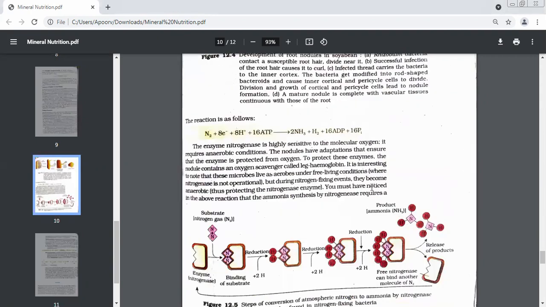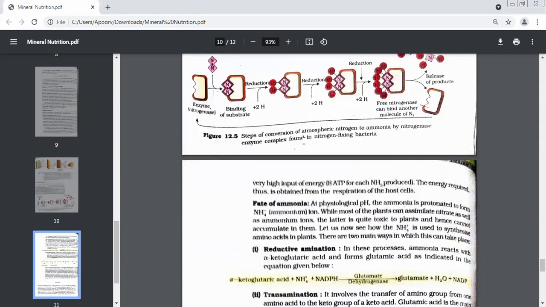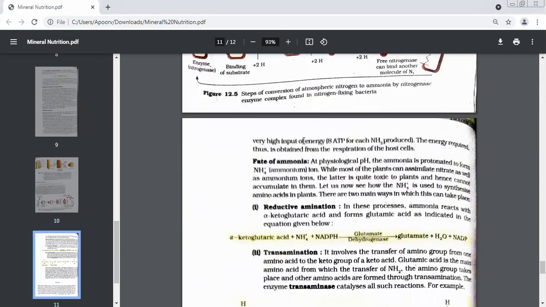How many total ATPs did you see over here? 16. And how many molecules of ammonia formed? 2 molecules. That means for 1 molecule of ammonia, how many ATPs are required? 8 ATP. Clear, everybody? For 2 molecules of ammonia, the total amount of ATP consumed was 16. So for each ammonia, we have the requirement of 8 ATP.